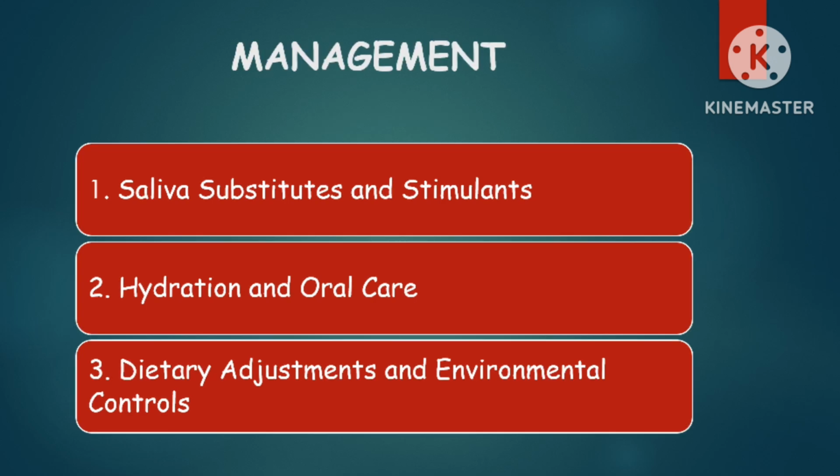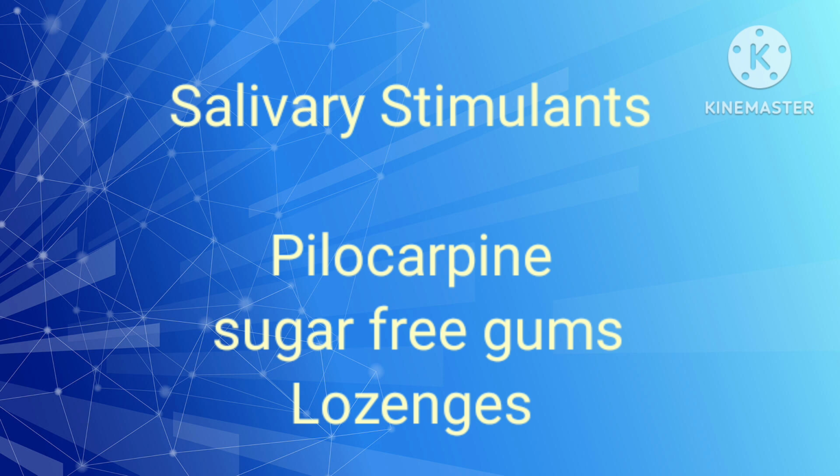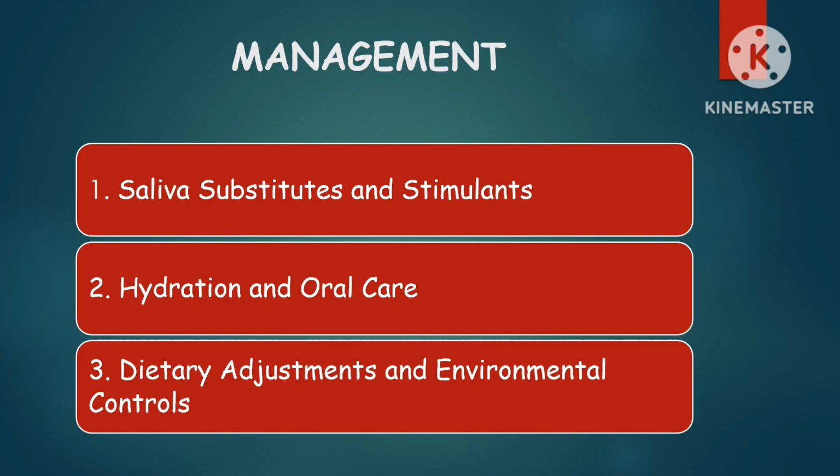Management includes a salivary substitute which mimics the natural saliva to keep the mouth moist, and it also relieves the discomfort. Salivary stimulants can be given to the patient. These are medications or products that stimulate the remaining salivary glands to produce more saliva, like pilocarpine, sugar-free gum or lozenges.